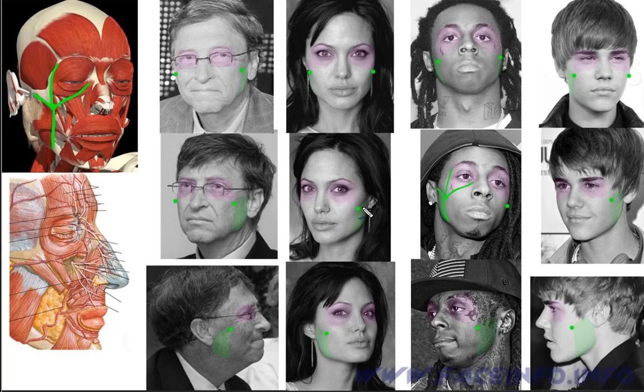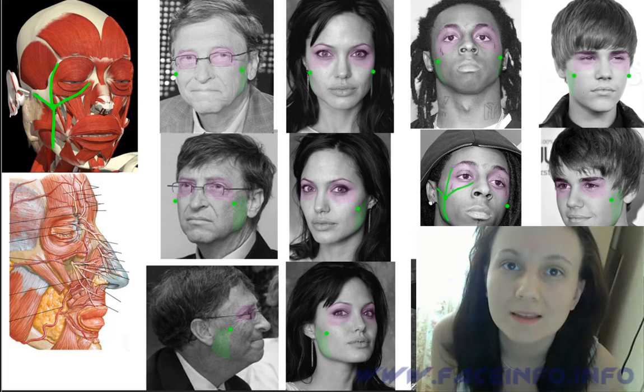So now let's speak about the muscles in this area. They work when we smile, for example.